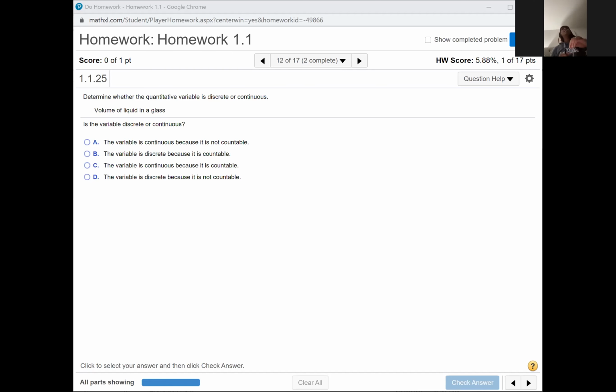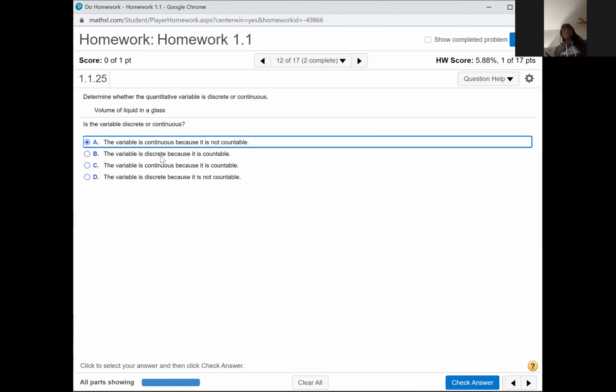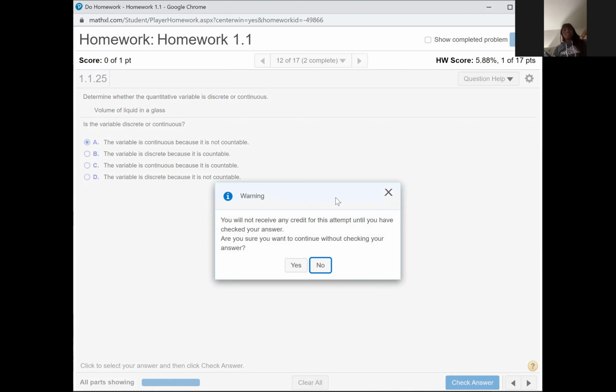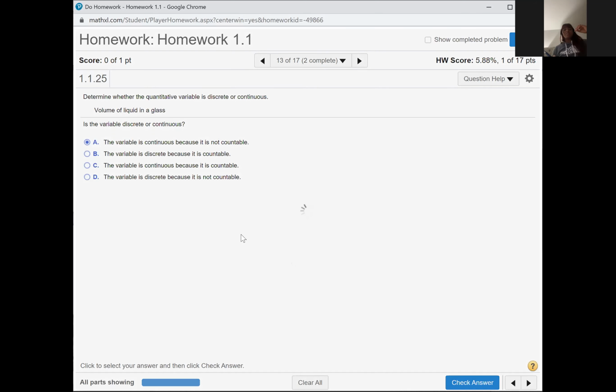So it gave me a question that said the length of a rock song. And to me, the length of any song, you measure it in minutes, so to me, it's countable. So I chose discrete, and it said it was wrong. It was continuous. So I was thinking, am I thinking of it from the wrong angle?